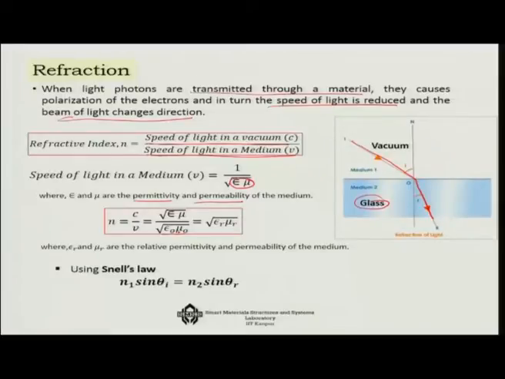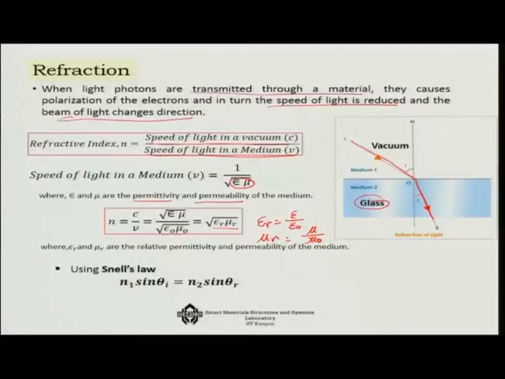In other words, it is square root of epsilon r mu r, where epsilon r is nothing but epsilon over epsilon 0 and mu r is nothing but mu over mu 0. That means relative permittivity and relative permeability will come into the picture.